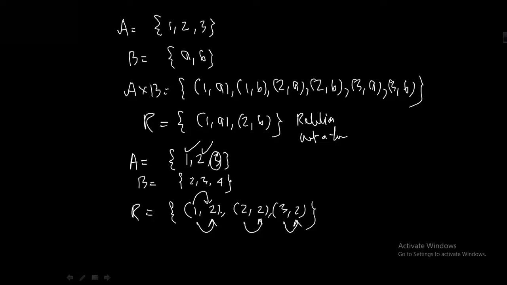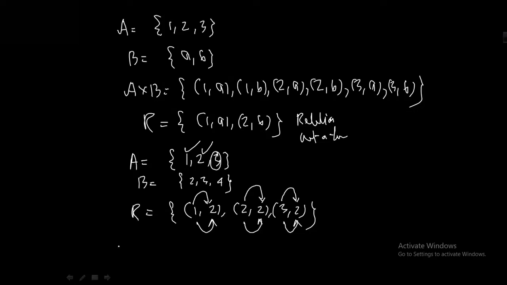That means (1, something) is there, only one, there is no other element with 1. 2 is associated to some unique element. 3 is also associated to one and only one element. Hence, both of the criteria are satisfied: each and every element of the set A is associated to some element of B and no element of A is associated to more than one element of B. Hence, this can be considered as a function.